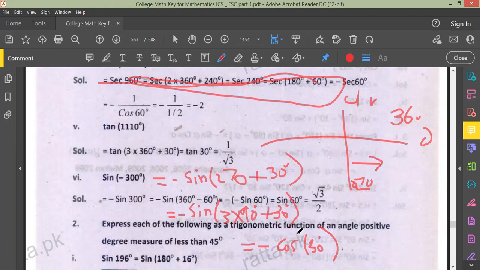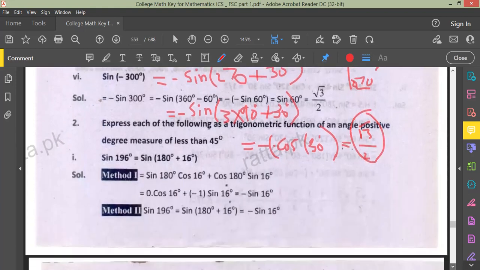In quadrant 4, sine is negative. So this will become minus of cos 30. So minus minus will be cancelled out, and this will become root 3 by 2, because cos 30 is equal to root 3 by 2.